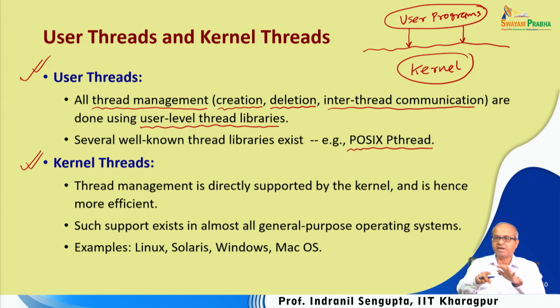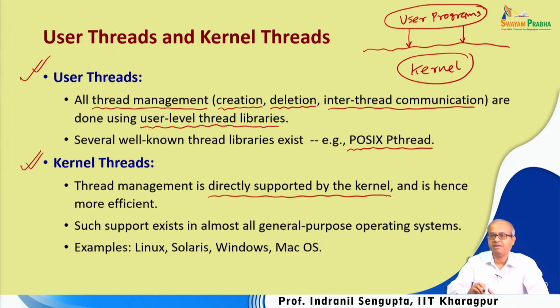So, instead of managing the processes, the kernel is now managing the threads. This kind of thread management is directly supported by the kernel, and because the kernel is very protected and very highly optimized, it will be much more efficient as compared to user level threads.